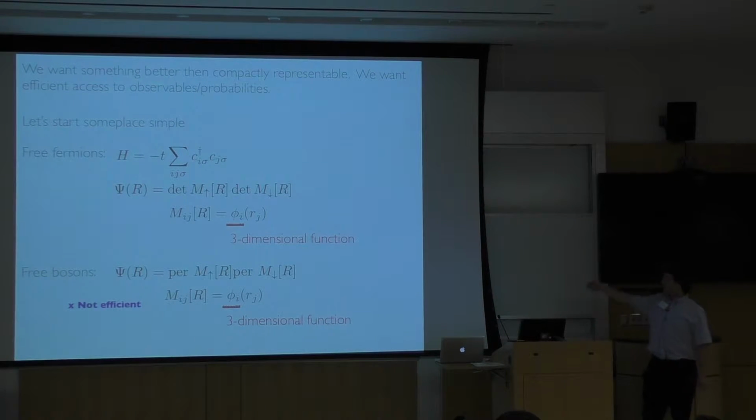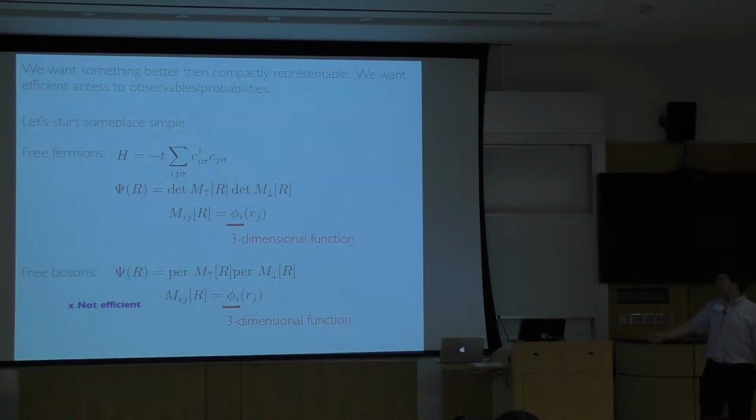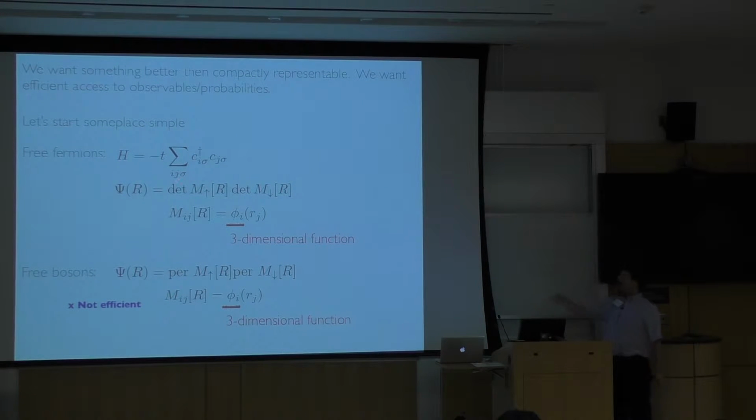All right, good. So this is the ground state wave function of free fermions, and it's not only compact, but we can also compute things with it quickly. It's computing a determinant. As an interesting aside, free bosons has a very similar structure. Instead of determinants, you have permanents. For those who don't know, a permanent and a determinant are the same thing, except you replace all the minuses with pluses.